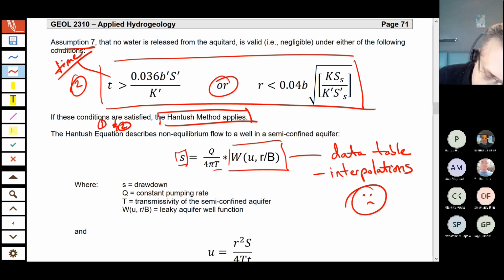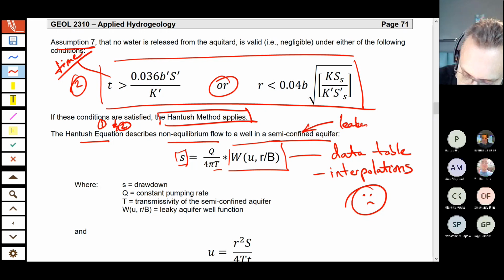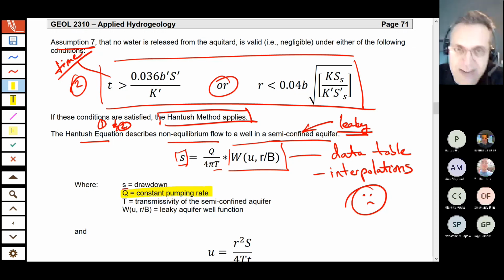But here is the Hantush equation for non-equilibrium flow in a well in a semi-confined, or leaky, aquifer. We have drawdown. Remember that our pumping rate still has to be constant, and we have to be very cognizant of our units of measurement.